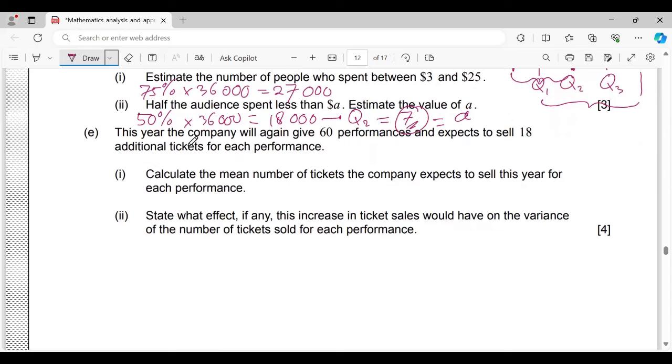This year the company will again give 60 performances and expects to sell 18 additional tickets for each performance. Calculate the mean number of tickets the company expects to sell this year for its performance. So we're going to calculate the mean.